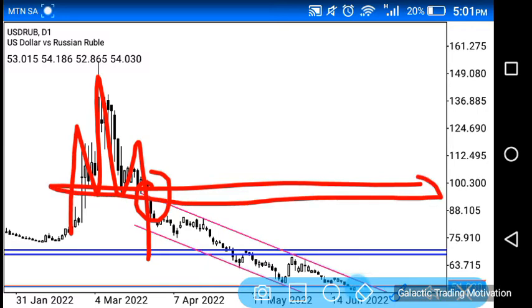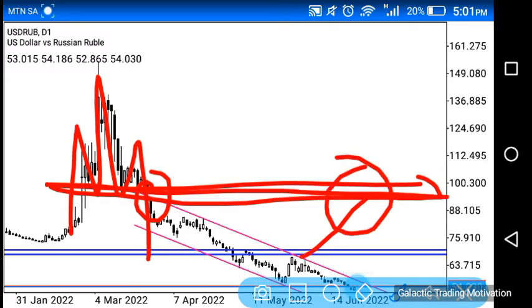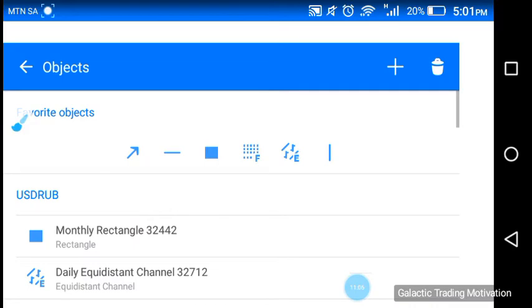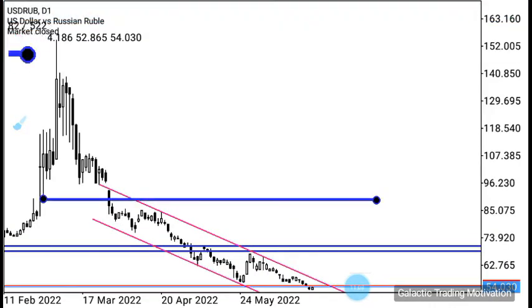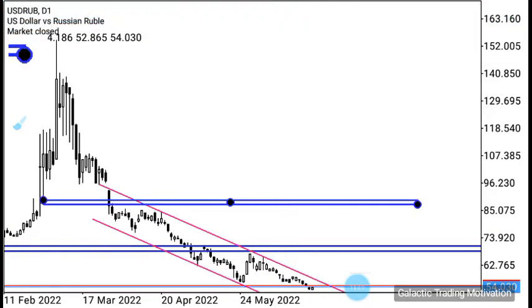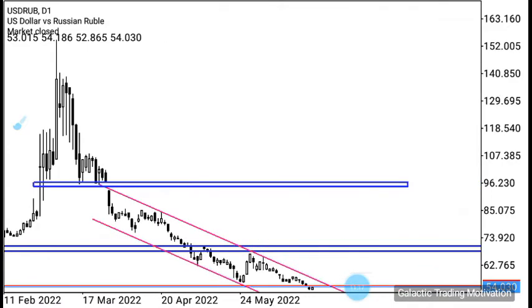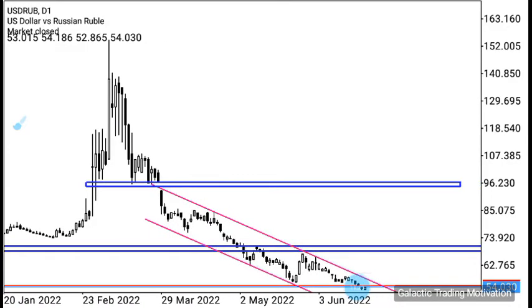So it's very much a strong area, and we might see in the future price coming to this level to retest this neckline, as well as to trigger that liquidity in that gap. So what I'm going to do is add a line there, which will serve as both the neckline of that head and shoulders pattern, as well as a reminder that we have a gap over there. There we go.